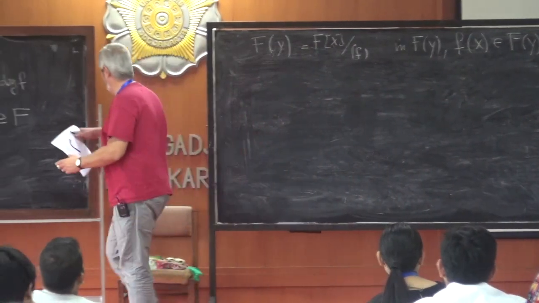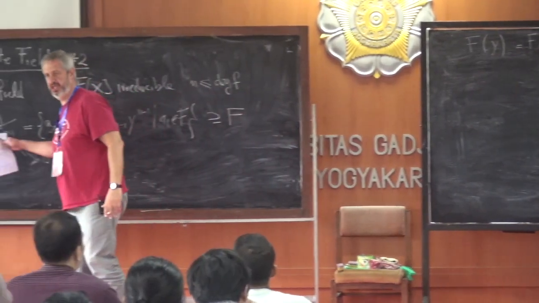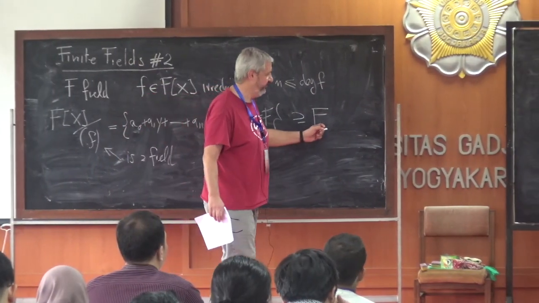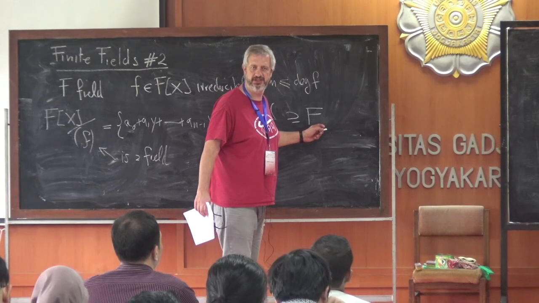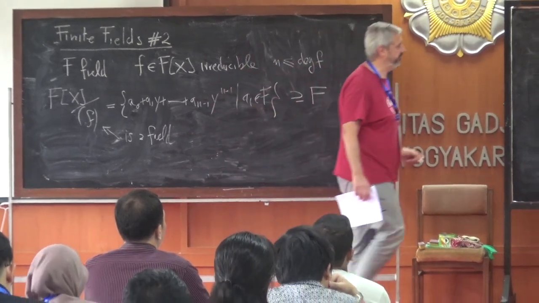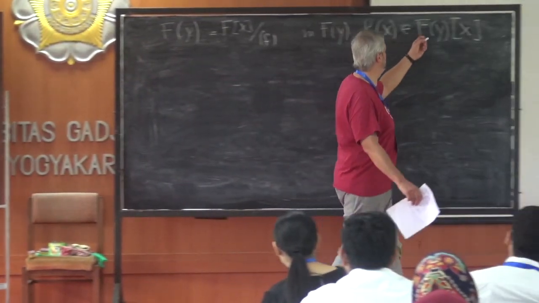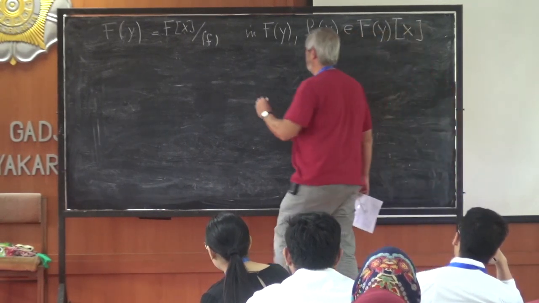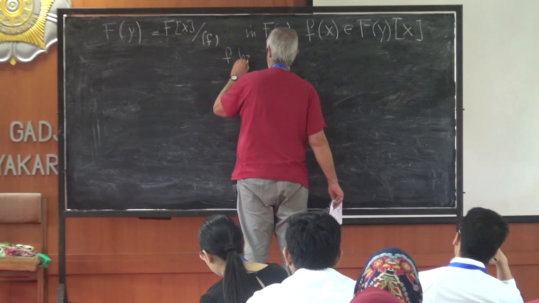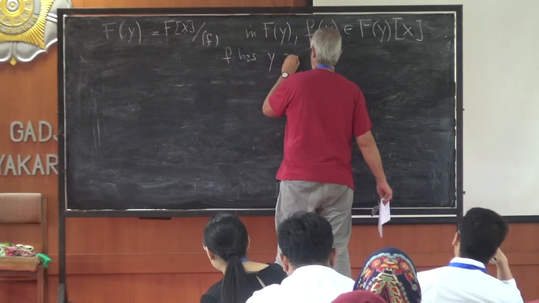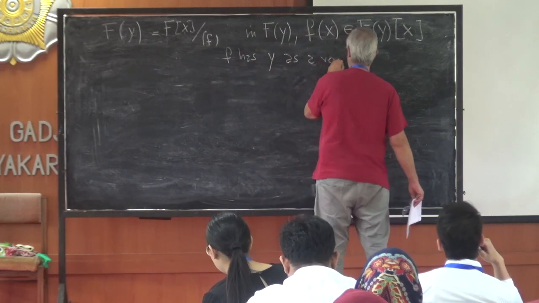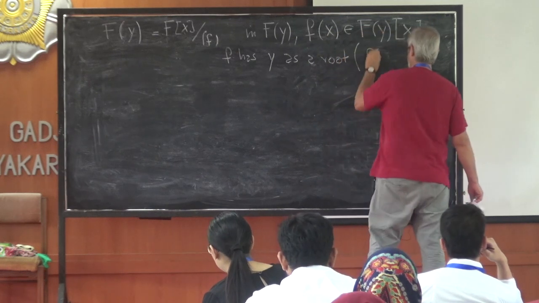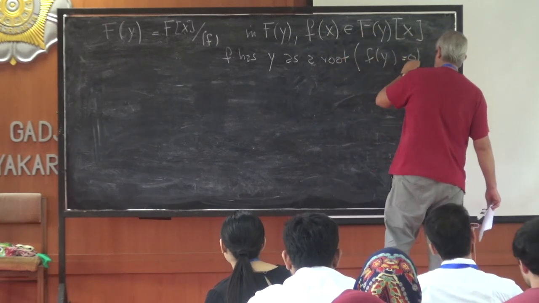So simply because F is contained in this, if we take a polynomial with coefficients in F, nobody prohibits us from thinking that this polynomial has coefficients here. So when I think of it with coefficients here, then f has y as a root, which is to say that f of y is equal to 0.